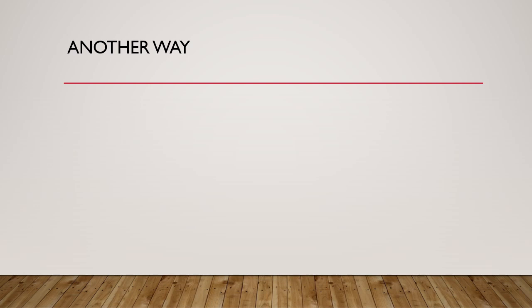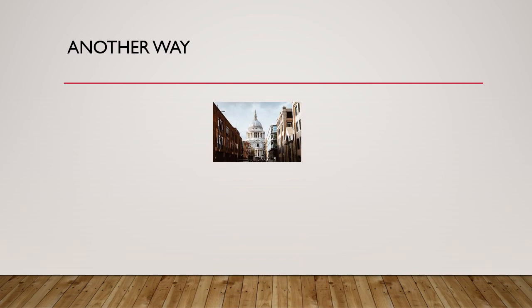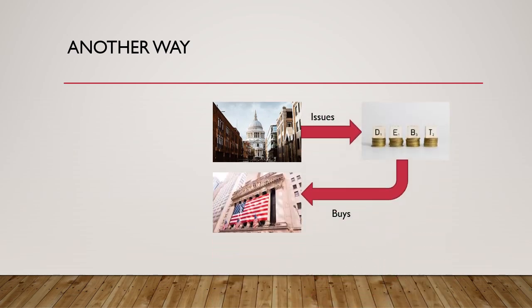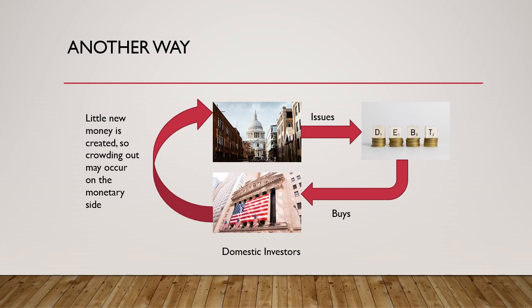Now, of course, the central government can intervene in another way. It can sell its debt, instead of to the central bank, to the domestic investors. Now herein, no fresh new money is created in the economy.